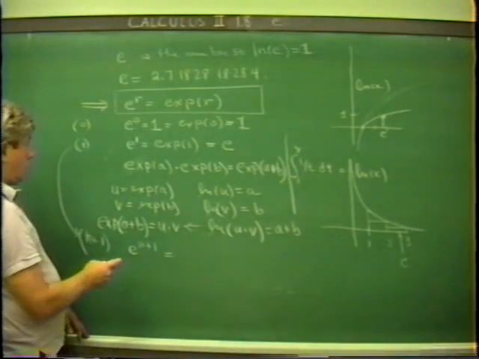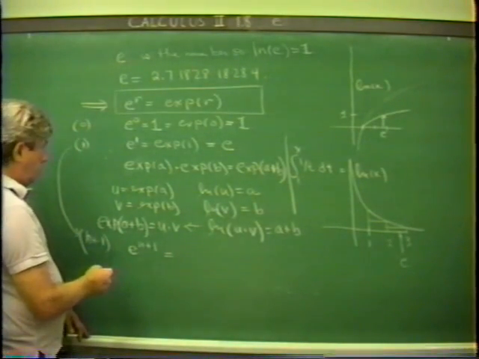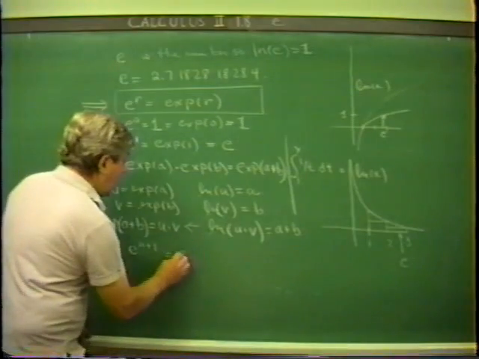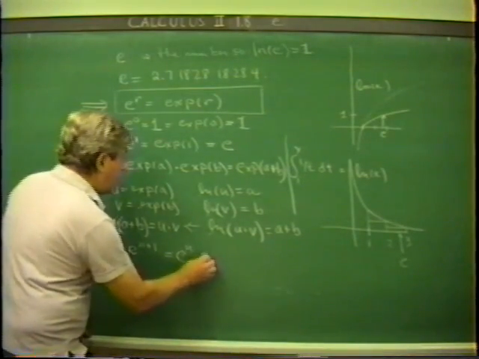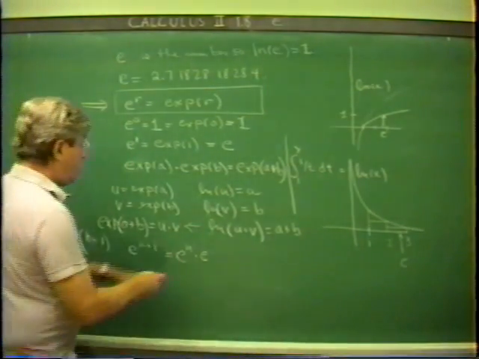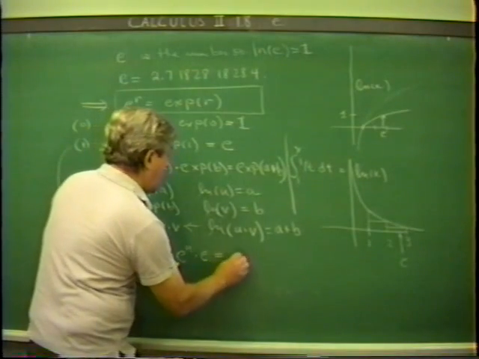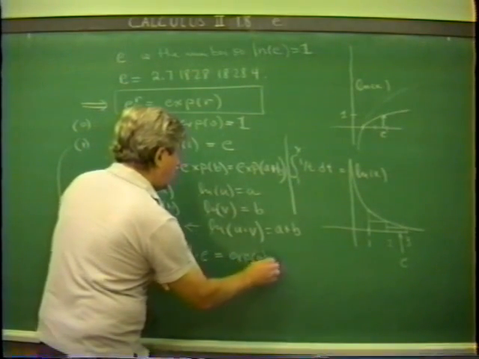Right? Exponent of n plus 1 is e to the n times e.